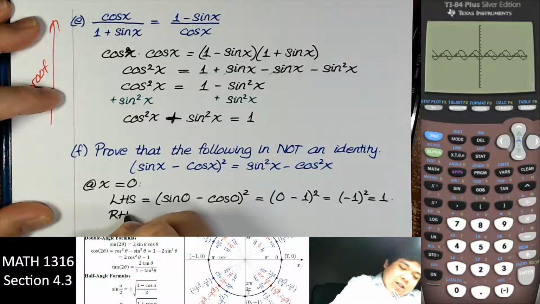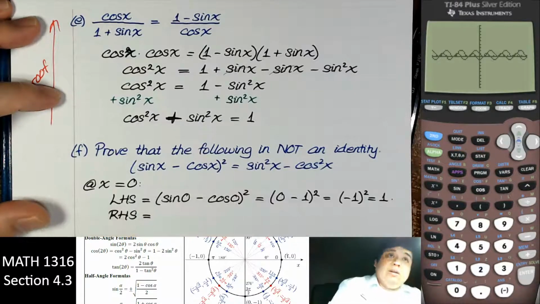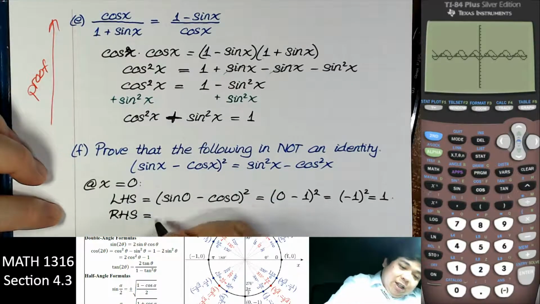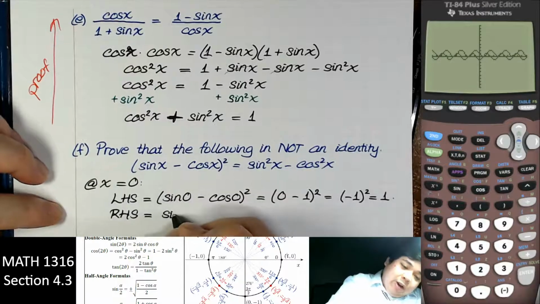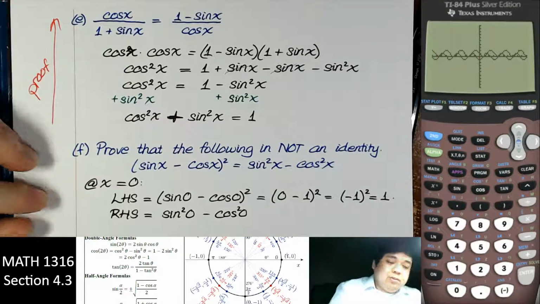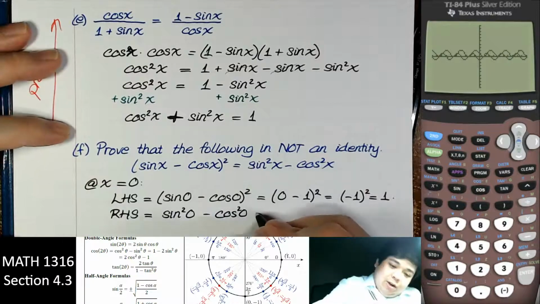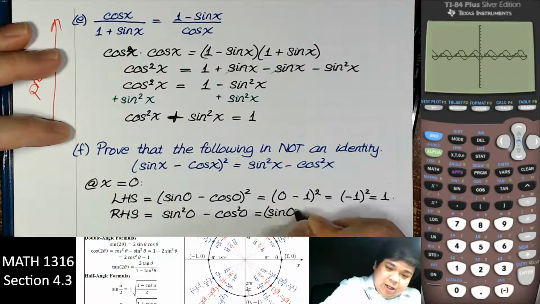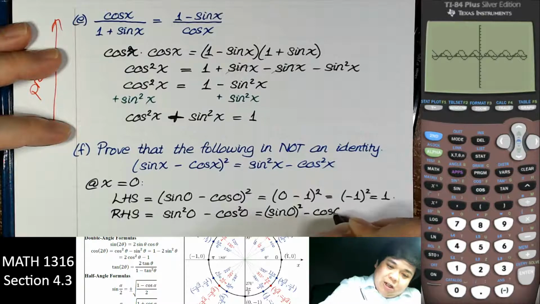And then the right hand side is sine. We're going to put 0 for x. Right. Notice that this is sine of 0 square minus cosine of 0 square.